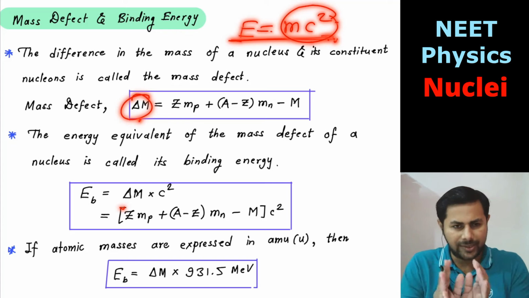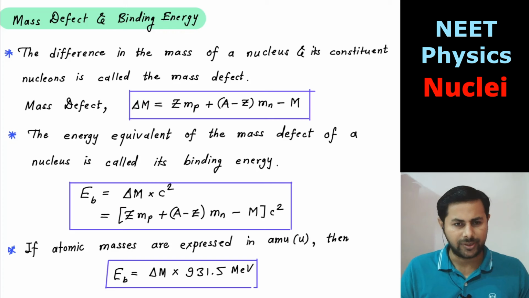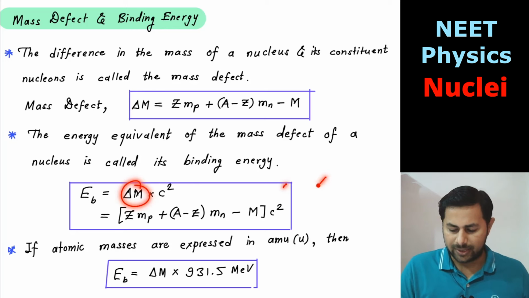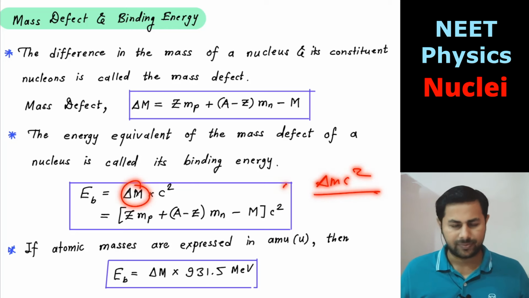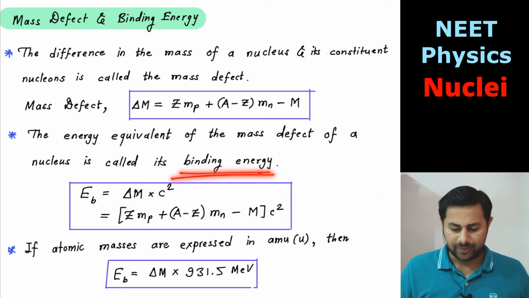Why is the effective mass of the nucleus lesser than the mass of nucleons? Because the remaining mass is being utilized as energy, that is equal to delta m multiplied by c square. So this is known as the binding energy of the nucleus, right?